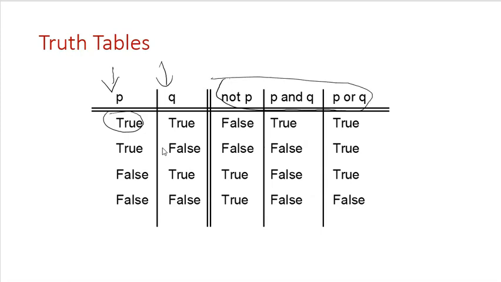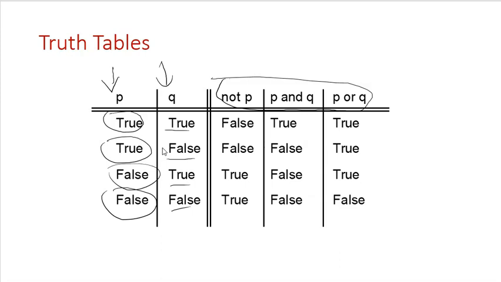You assume different values: true, true, false, false, and true, false, just to take all combinations. Then you can see that the not is just the opposite. The not of true is false, again true is false, and the not of false is true.